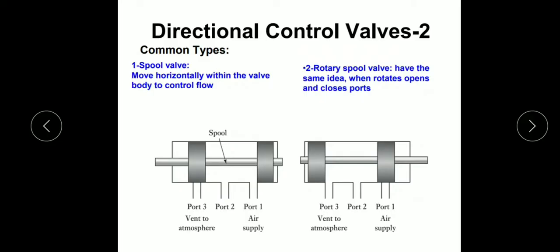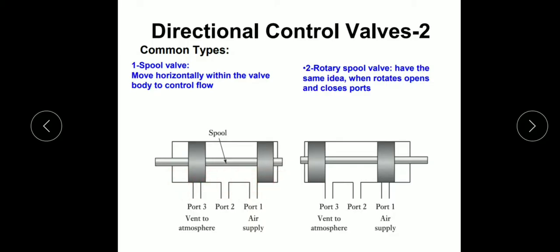First one is the reciprocating spool valve and second one is the rotary spool valve. In a reciprocating spool valve, the motion is produced by moving the spool in a horizontal direction. When the spool is moving in this direction, the flow can be directed. That is, ports 2, 1 and 3 can be operated with the help of the reciprocating movement of the spool.